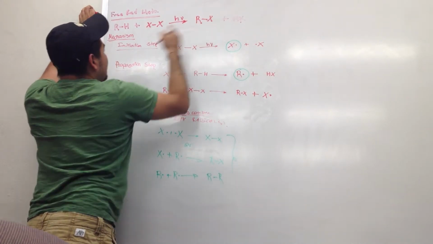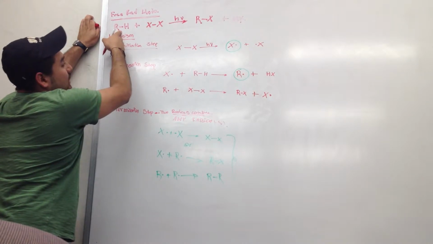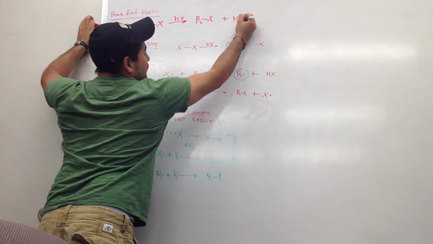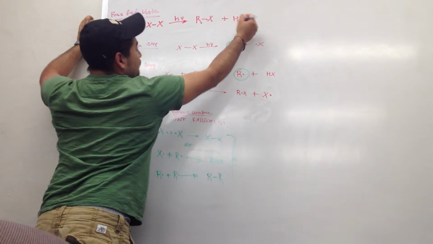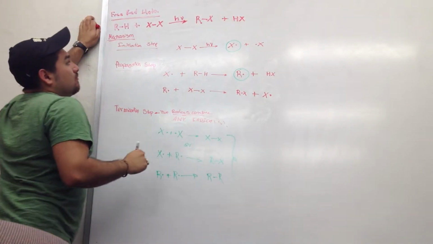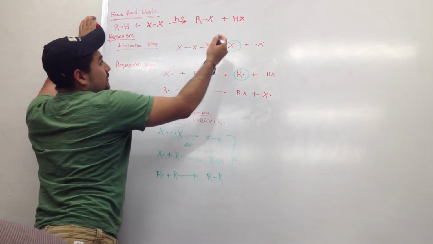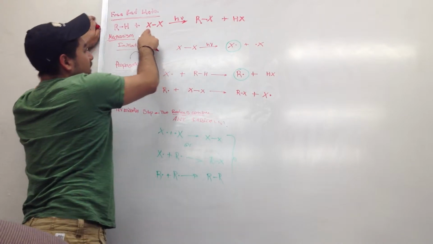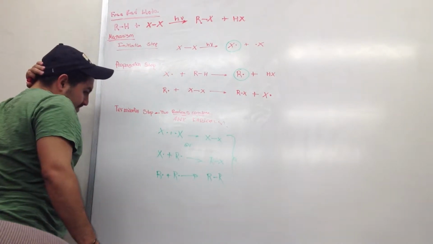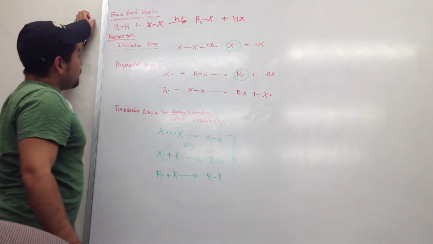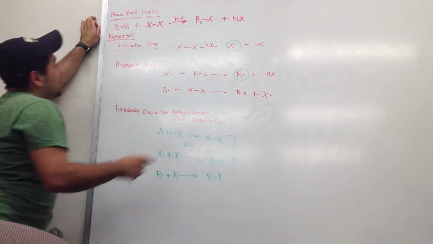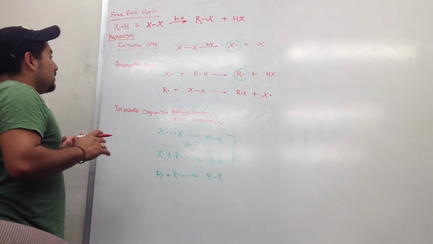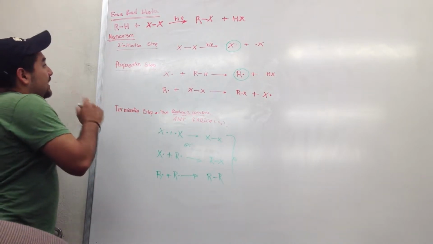Thereby I have halogenated the alkane, and a byproduct will be an acid, which is the original hydrogen bonded to one of the halogen atoms.